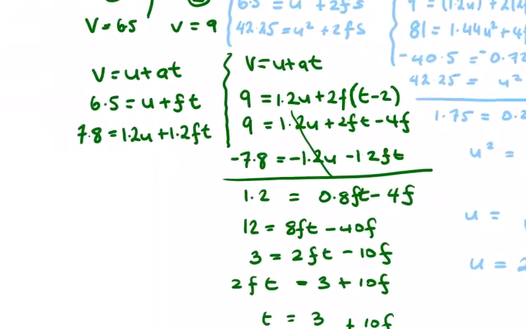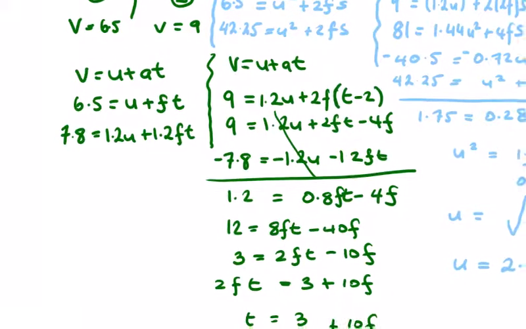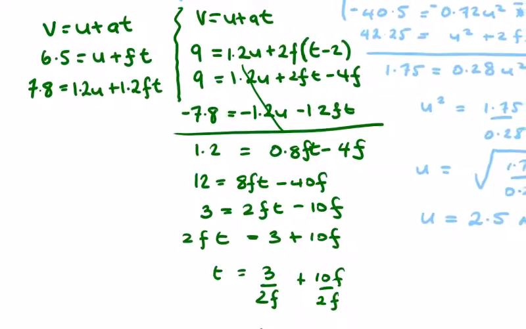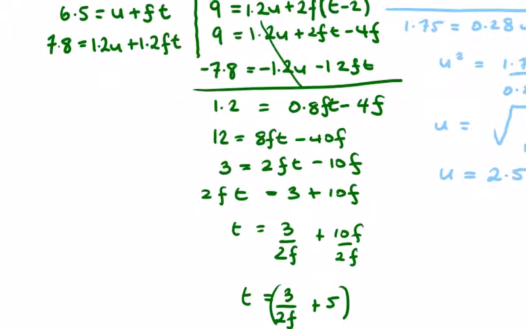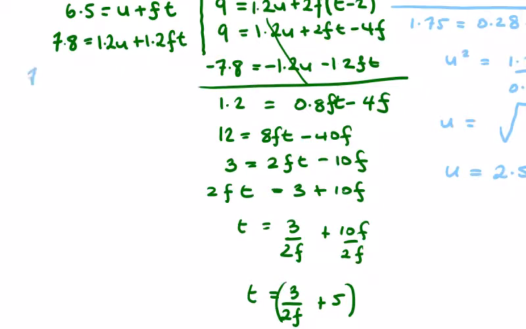Finally, we have U is 2.5, so let's sub that in. So let's sub it in here, so we get 7.8 is equal to 1.2 by 2.5 plus 1.2 by F by T. Now we have T in terms of F, 3 over 2F plus 5, so F times 3 over 2F plus 5.